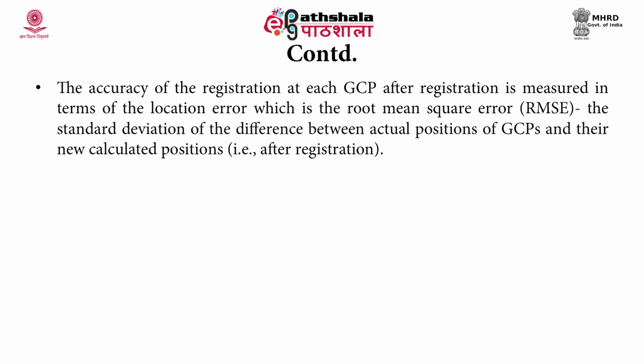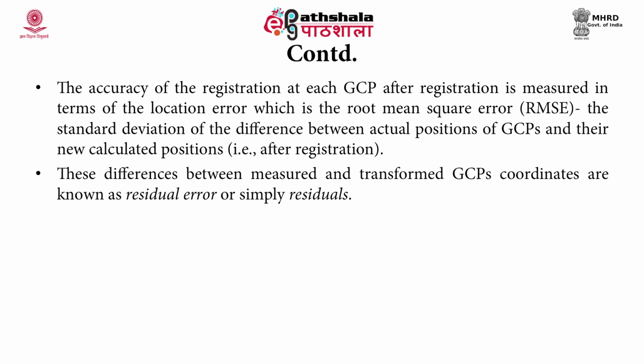The accuracy of the registration at each ground control point after registration is measured in terms of the location error, which is the root mean square error, the standard deviation of the difference between the actual position of GCPs and their new calculated position, that is, after registration. These differences between measured and transformed GCP coordinates are known as residual error or simply residuals.